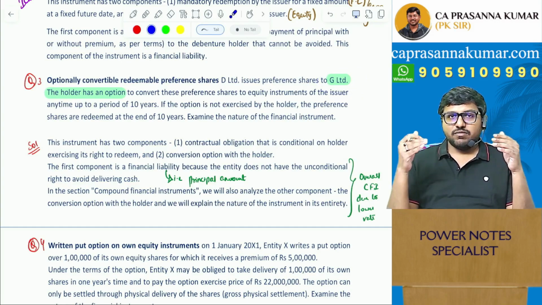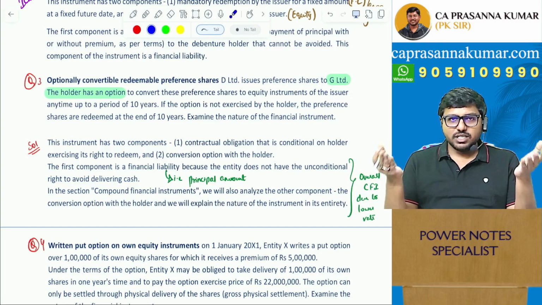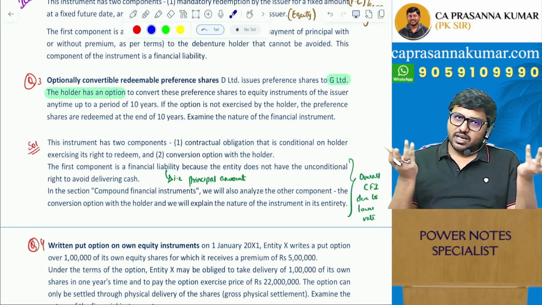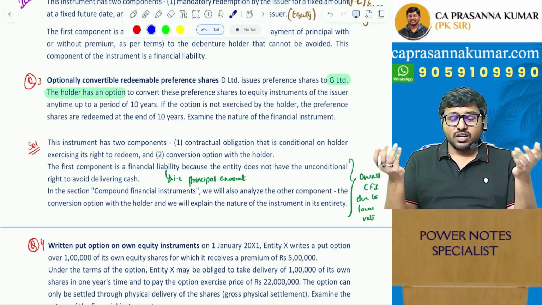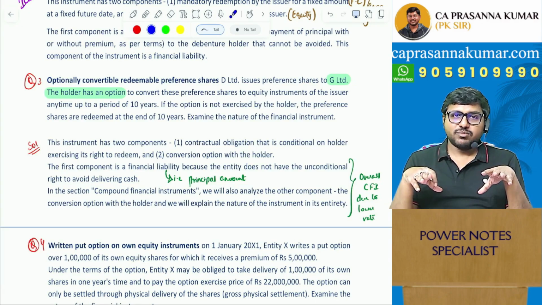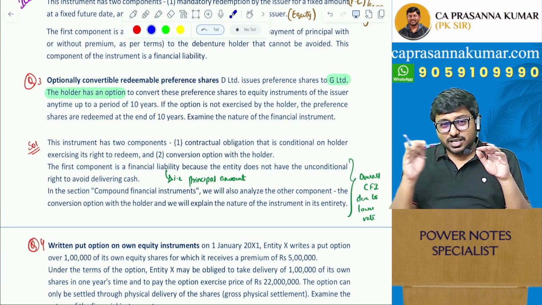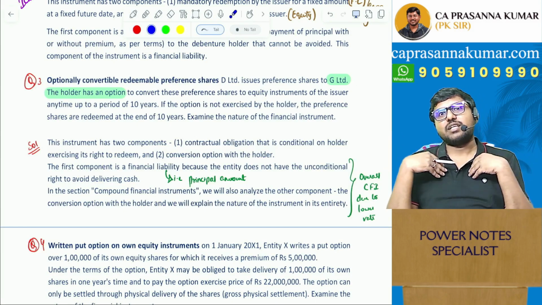Now tell me, from D Limited's perspective, if I am D Limited, do I know what G Limited will do in future? G Limited may exercise the option of conversion or G Limited may keep quiet. So if G Limited exercises the option of conversion, then the instrument becomes equity. If G Limited does not exercise the option of conversion, then I have to redeem it for sure. Then it becomes a financial liability for me.